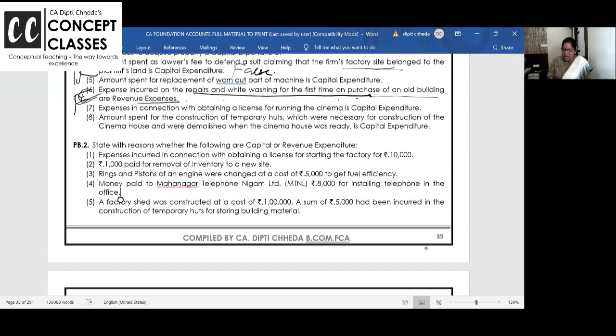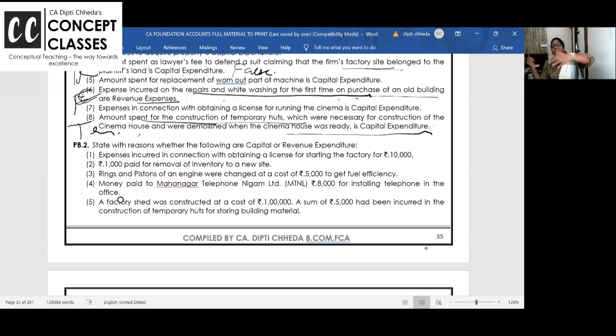Last one. Amount spent for construction of temporary huts, which are necessary for construction of cinema house, and then later they are demolished, is a capital expenditure. True. Have you observed wherever construction is going on, they incur a temporary shade and one person, a watchman, is staying there, he does all the watering work and looks after all the construction.